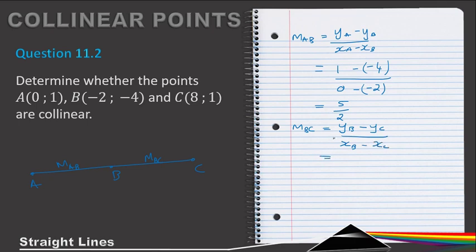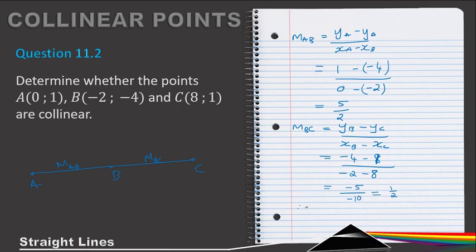To substitute in those values, we have minus 4 minus 8 over minus 4 minus 1, that's the y value, and then minus 2 minus 8. This gives us negative 5 over negative 10, which gives us a half.